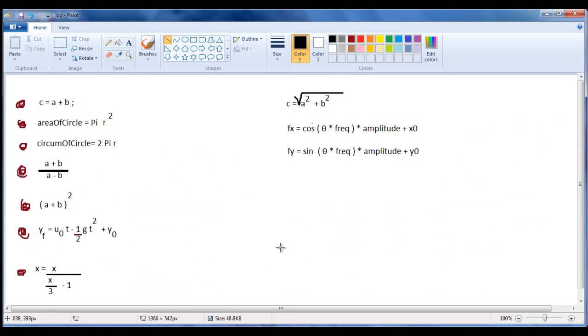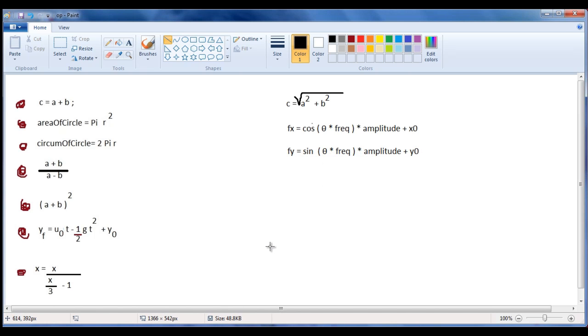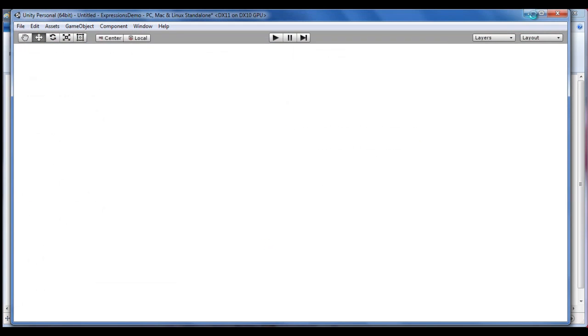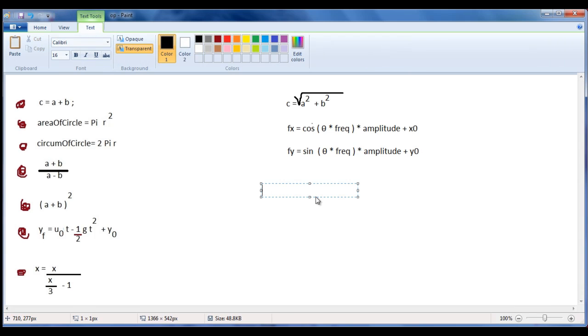Now, what are the steps that you need to carry out when you are going to convert an expression to code? It's the most important part. You are going to follow 4 steps. First step is to identify variables and constants.